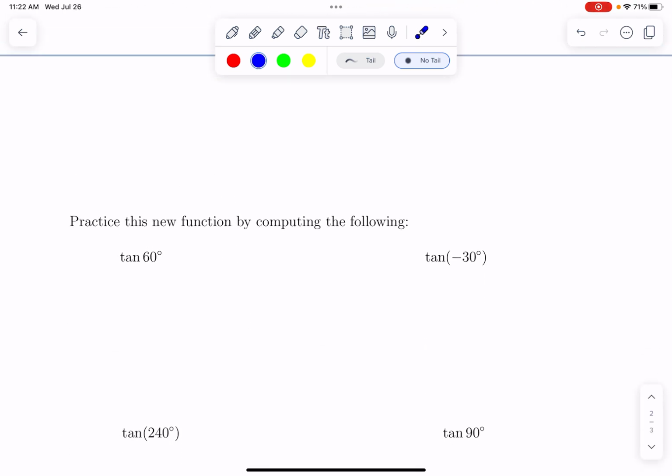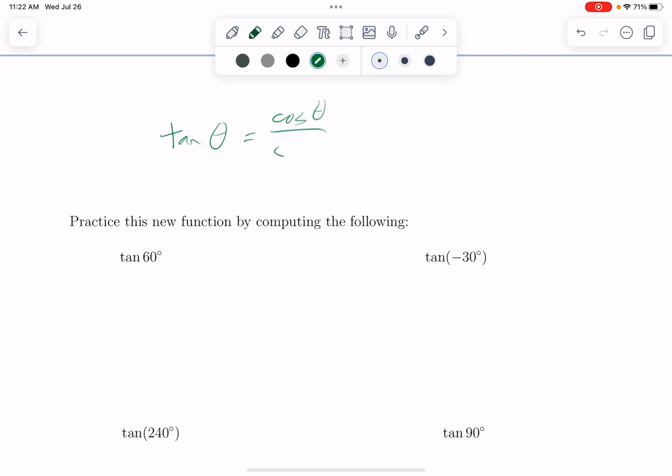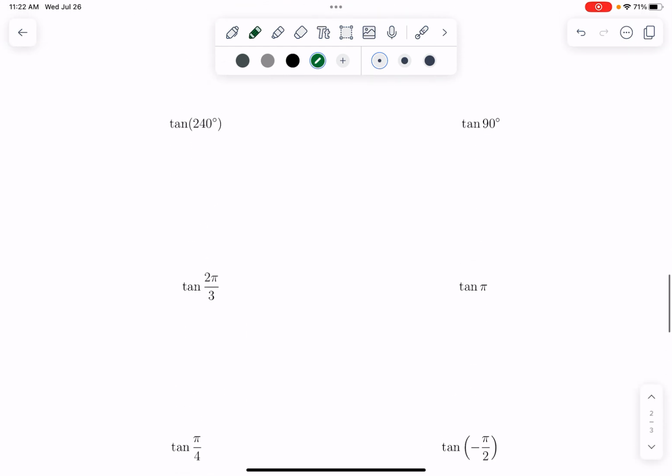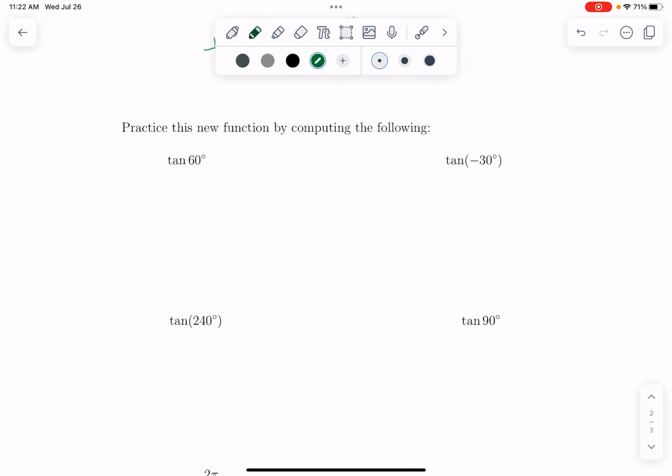So it's nice to have that idea, but also just keep coming back to this definition. The tangent of theta is sine theta divided by cosine theta. If you know those values, you can compute tangent. So if you're doing this on your own, hit pause and compute these values.